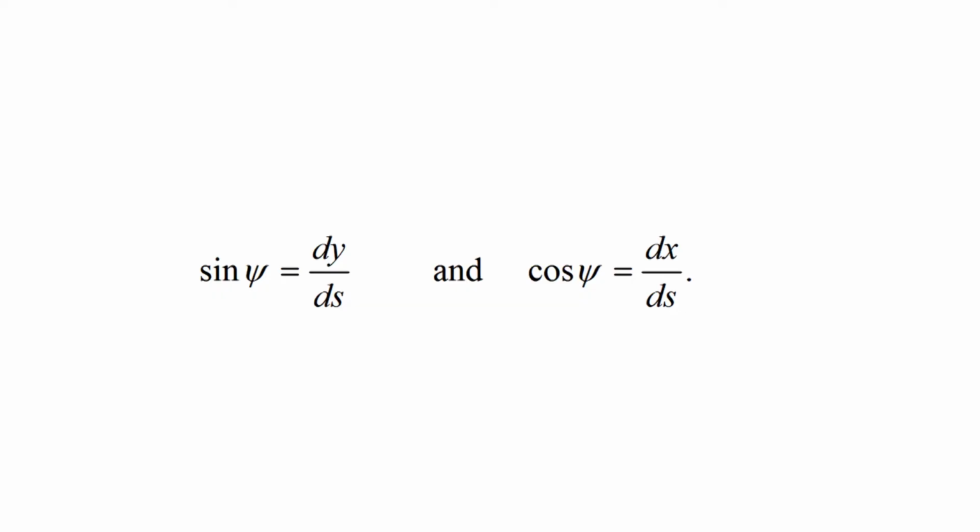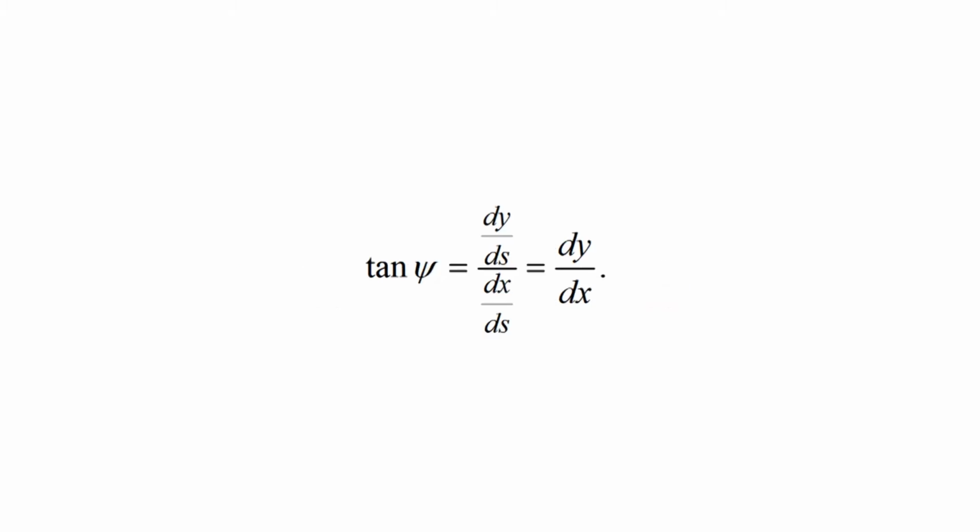Then we have seen that sin psi is equal to dy by ds and cos psi is equal to dx by ds. Hence, tan psi is equal to (dy by ds) divided by (dx by ds), which is equal to dy by dx. That is, dy by dx is equal to tan psi.